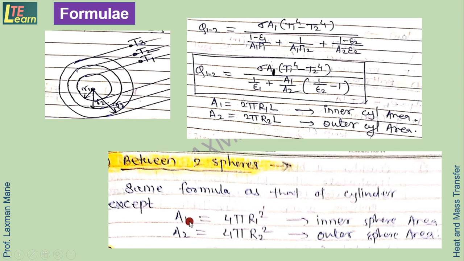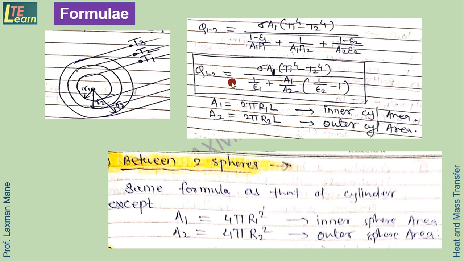So the inner sphere area A1 is 4 pi r1 square and the outer sphere area A2 is 4 pi r2 square. We use these A1, A2 in the equation of heat transfer Q1 to 2, or heat exchange between surfaces 1 and 2.